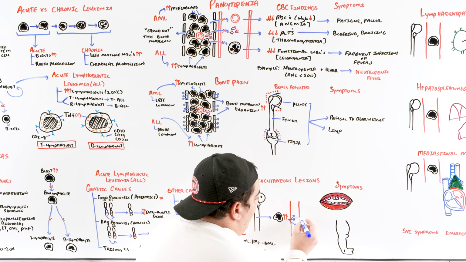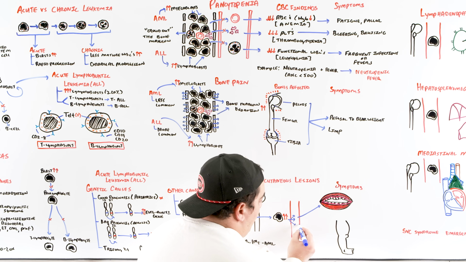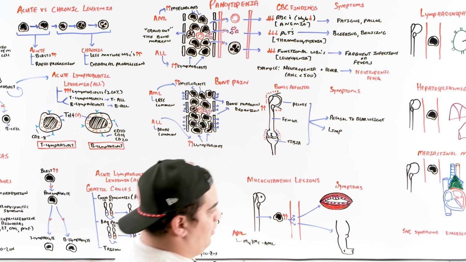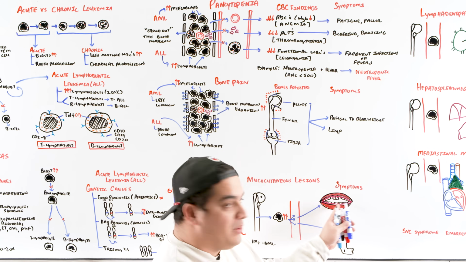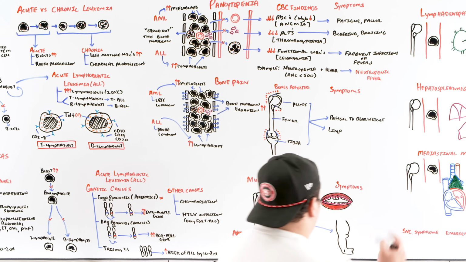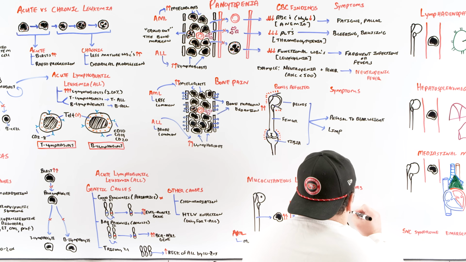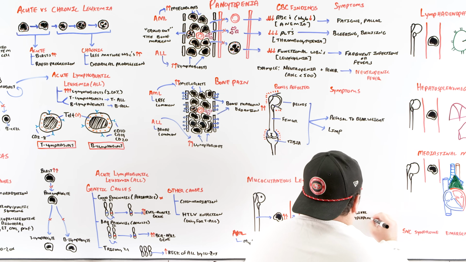And from here, these cells go and deposit into the mucous membranes, as well as the cutaneous tissue. When they do that, they cause some interesting processes to occur in the gingiva. It can actually lead to a process called gingival hyperplasia.